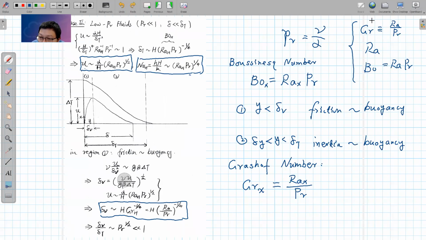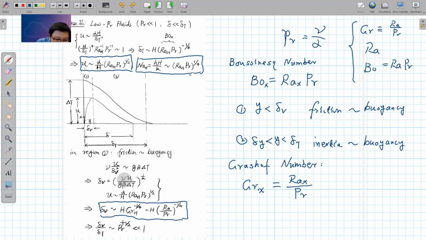They are closely related. The difference between them is just the Prandtl number. The Grashof number is just the Rayleigh number divided by the Prandtl number, and the Boussinesq number is just the Rayleigh number times the Prandtl number. So that's why when you see this Rayleigh number divided by Prandtl number, you can rewrite it as just the Grashof number to the power of minus 1 over 4.